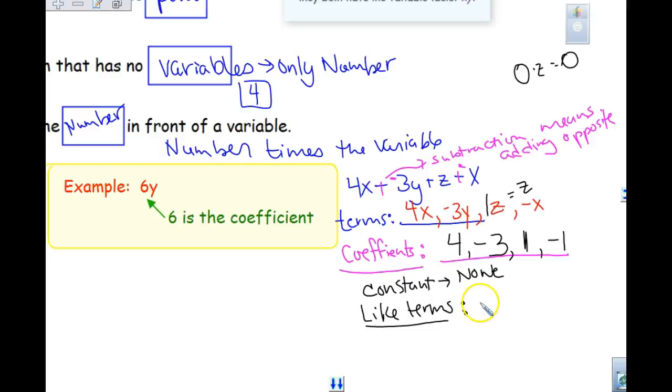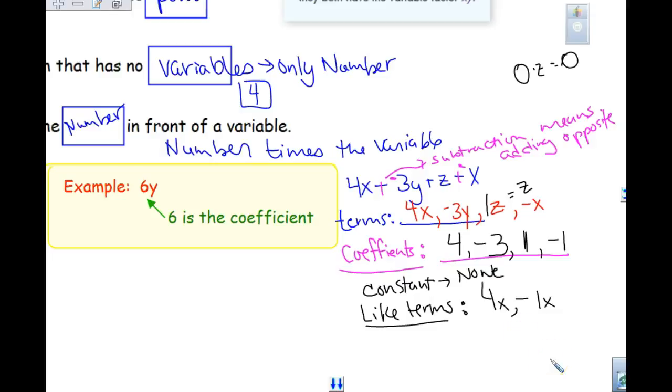Whitney, what do you see that looks the same? Same variable. Which letter? Maria, what do you think? X. We have a 4x and a negative 1x. Those are my like terms, okay?